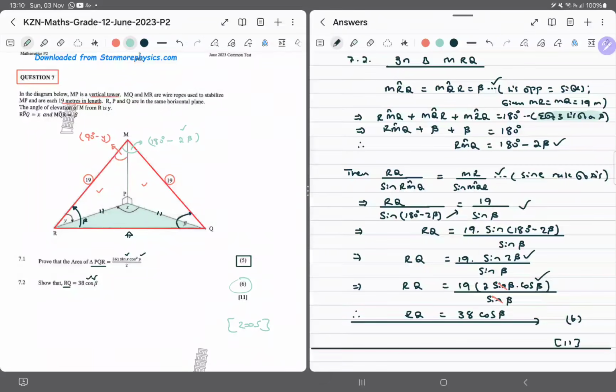Always look for the common side, or at least a common angle, whatever makes it easy to set up an equation where you can substitute something into the other, meaning you look for either a common angle in two separate structures or triangles, or you look for a common side, or at least a side that would be equal to another side in another triangle, so that you can set up an equation where you can substitute one into the other. And then as you simplify, you end up where you need to go.